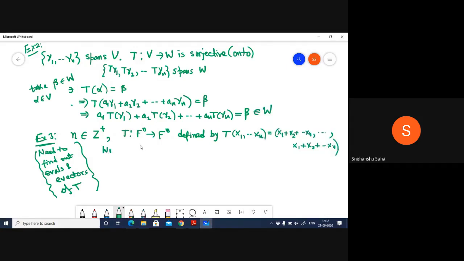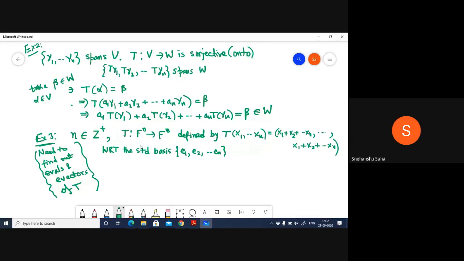So with respect to the standard basis, which is E1, E2, En, what do you see this linear transformation does? It all maps to 1, 1, 1, 1.